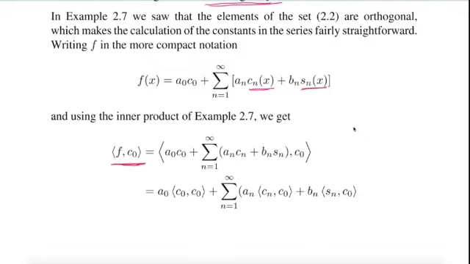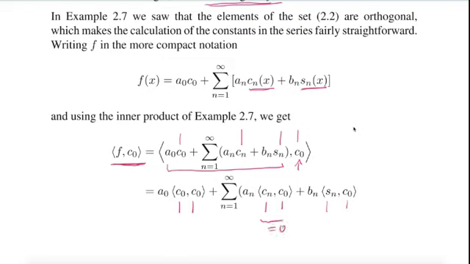So C0 multiplied with f in the inner product. This means I take the representation of the series and multiply this with C0. And now this inner product is linear, so I can do it component-wise. So I multiply the C0 term first, and then the Cn term here, and then the Sn term there. Okay, and then I get 3 inner products. And I know that these guys will be 0.